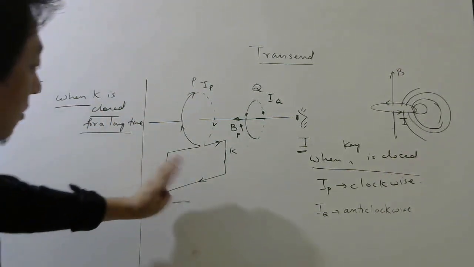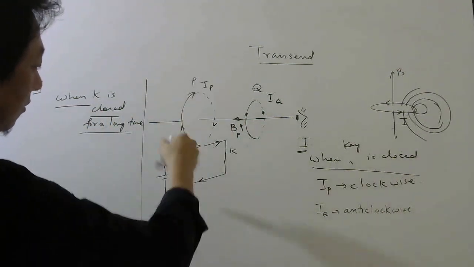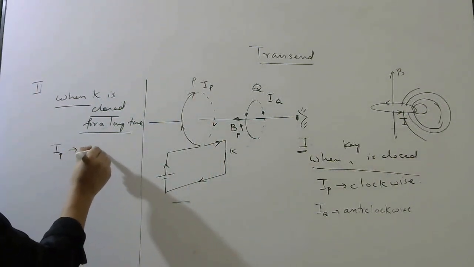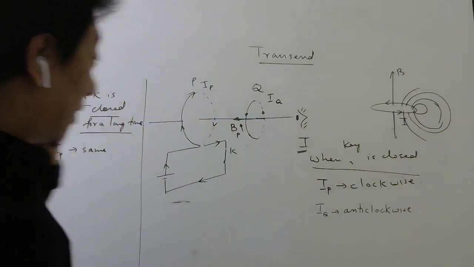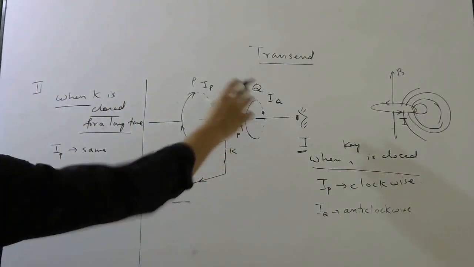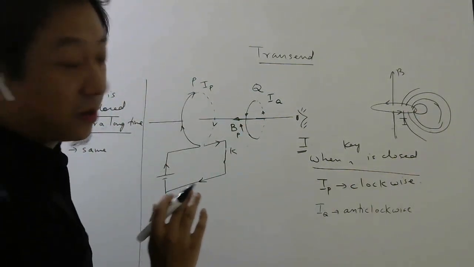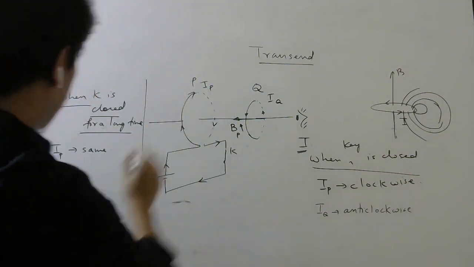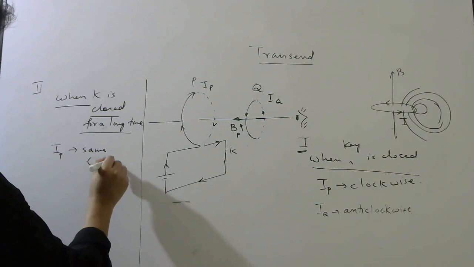If the key remains closed for a long time, current here will be like this only, from plus to minus. So IP will be same, same means clockwise. But listen carefully. Once you wait for some time, since it is a battery, the current will be constant. So IP will be constant after some time.